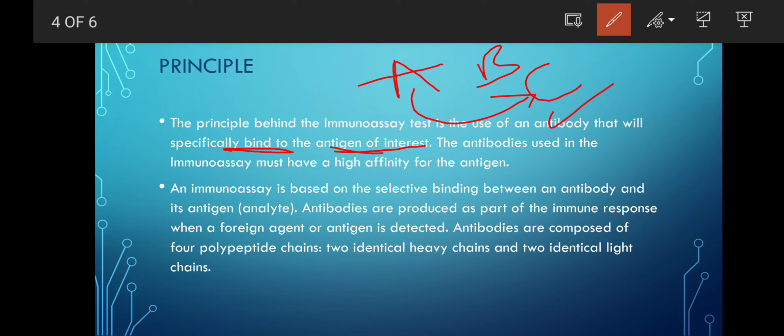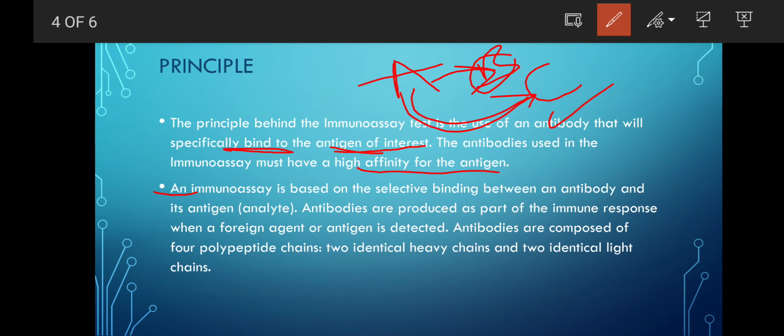So the antibodies used in this immunoassay must have a high affinity for the antigen. If it doesn't have an affinity towards B, it won't bind to the B particle, it will obviously go to C, okay.